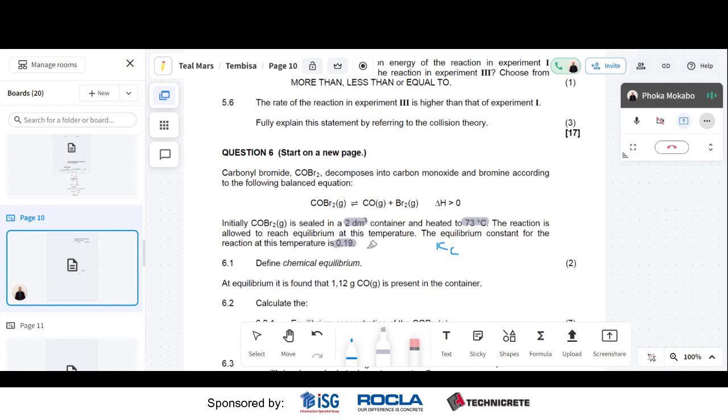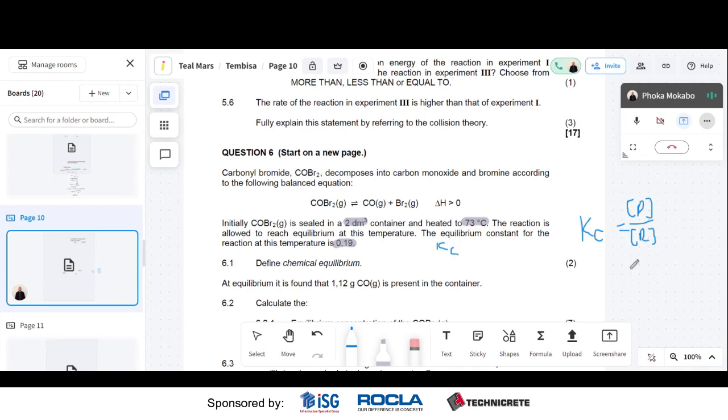Let's just dissect that very quickly. We know that Kc is given as the concentration of products over the concentration of reactants.